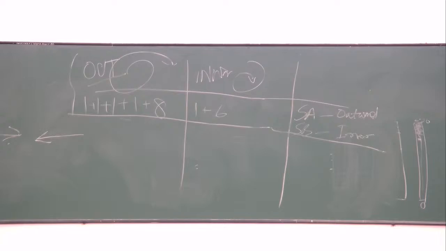Most of the writing systems we know these days are left to right, right? And the Semitic languages are right to left, whether it's Hebrew, Arabic, Persian, or whatever it is. But Mandarin can be top to bottom, right?